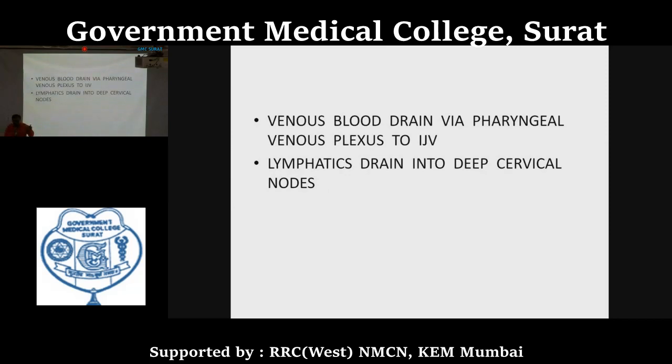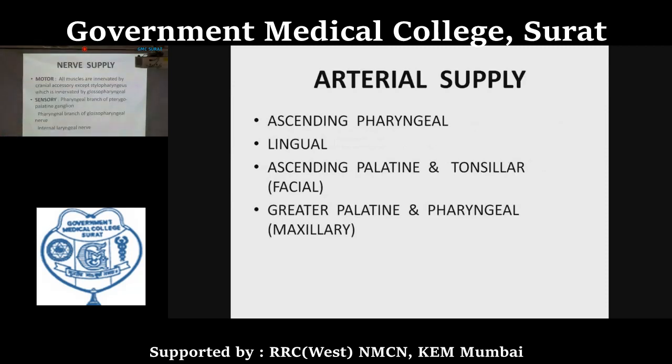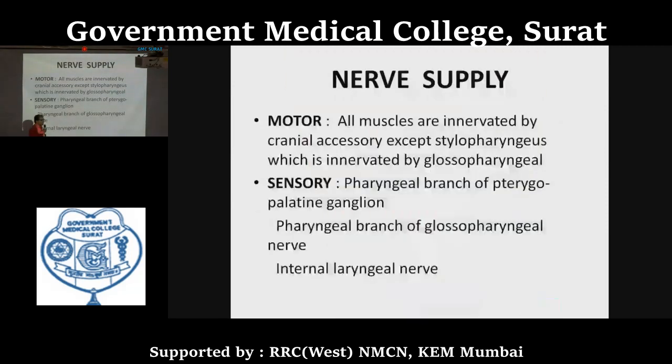Let's have a quick recap of this neurovascular bundle once more. As far as nerve supply is concerned, all the muscles of the pharynx are innervated by the cranial part of the accessory nerve, with one exception, the stylopharyngeus muscle, which is supplied by the glossopharyngeal nerve. Sensory supply: different parts of the pharynx receive sensory nerves from different sources.